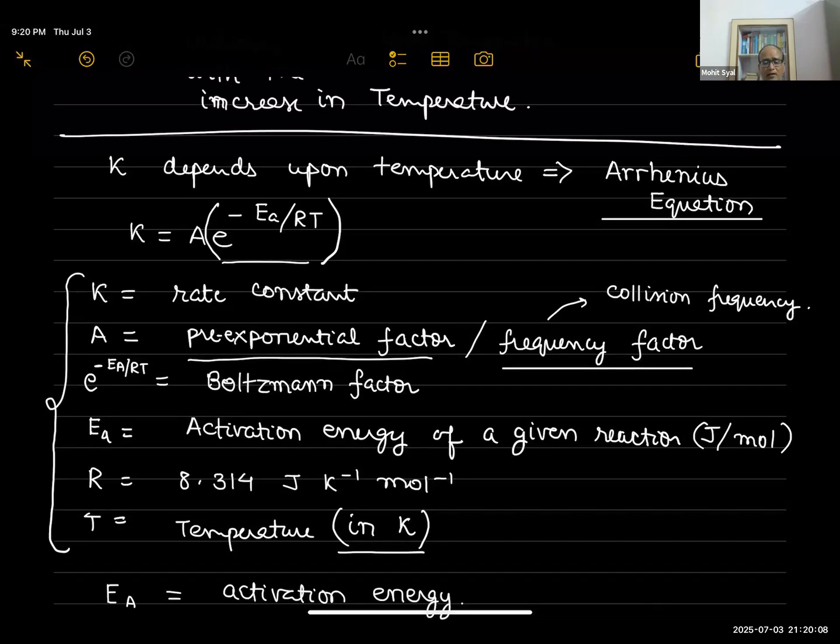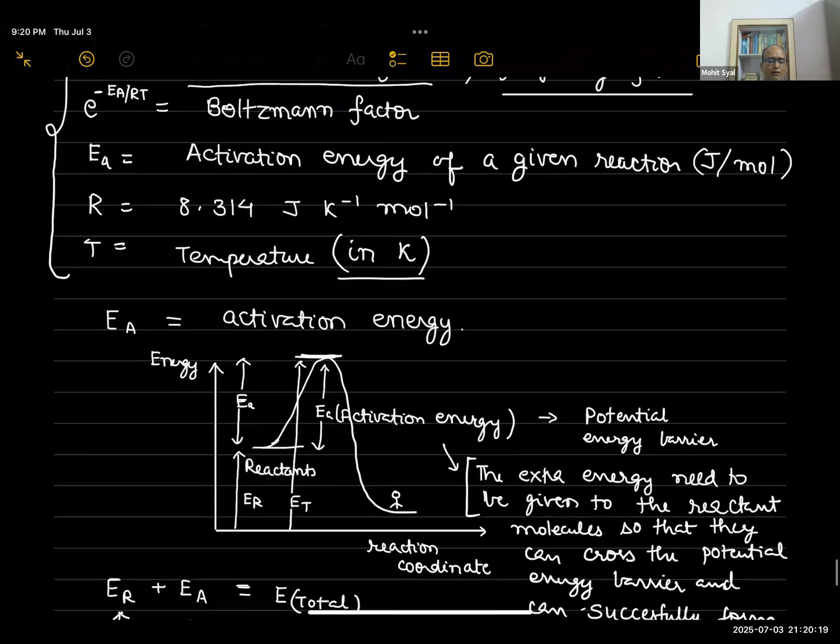Okay, this is the exponential form of the equation. Then you have the logarithmic form.